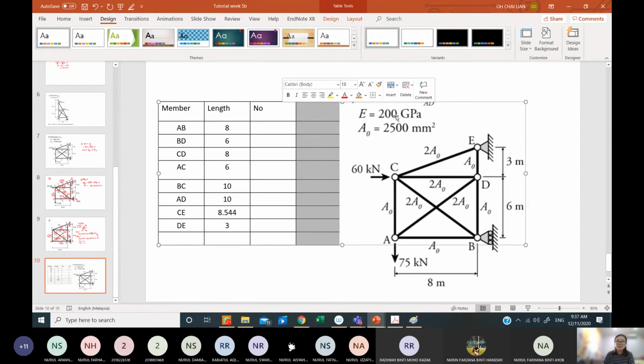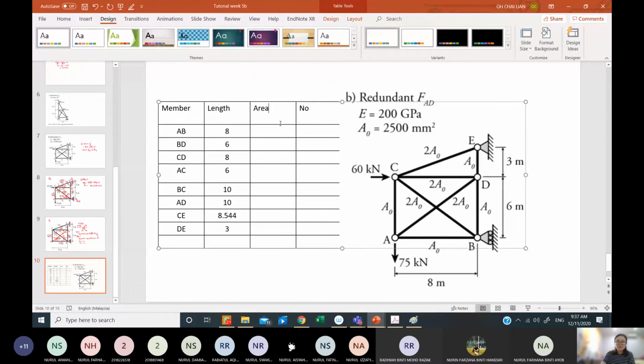Right or left? Right. AB. Now put CD, BD 1, CD 2, CA 1, BC 2, AD 2, CE 2, DE 1. Okay.